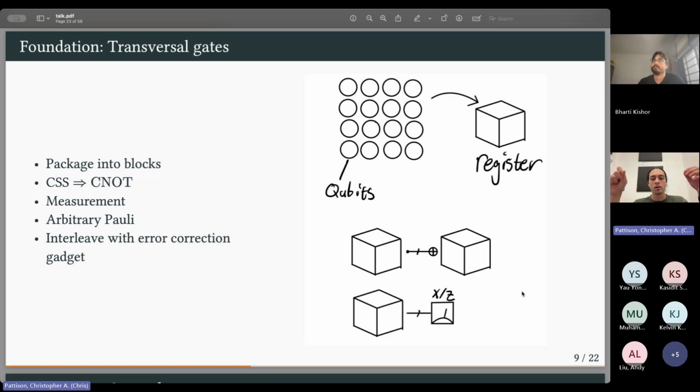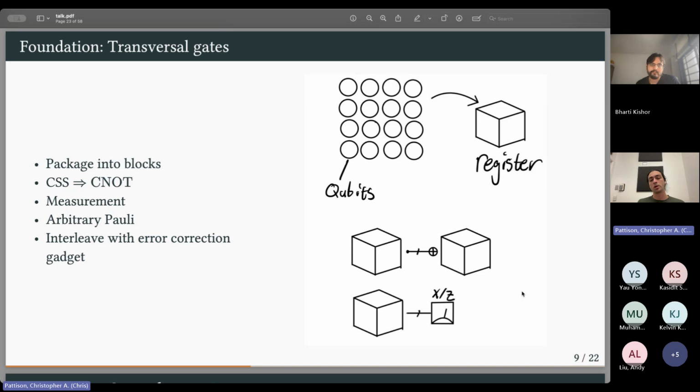Then we perform transversal gates between registers. What that means is that, labeling each logical qubit 1 to k, you perform the operation component-wise. If you have a CSS code, then performing a CNOT component-wise on the code block performs a CNOT component-wise on the logical qubits. Same thing with measurements. We have to decode, but let's not worry about that.